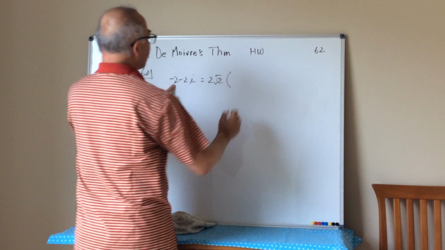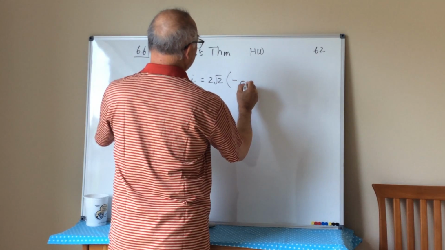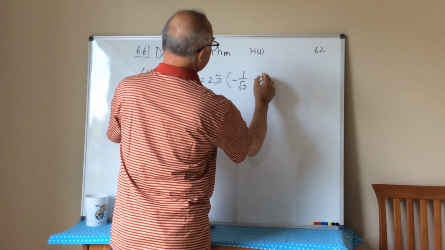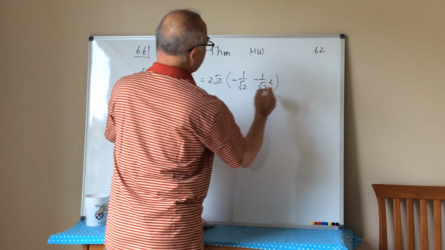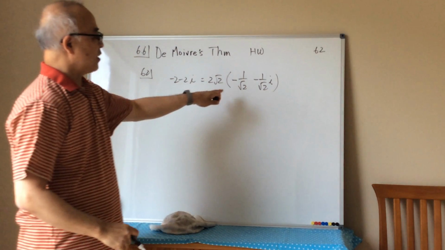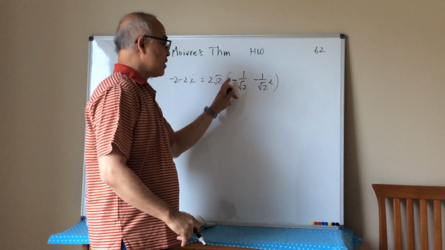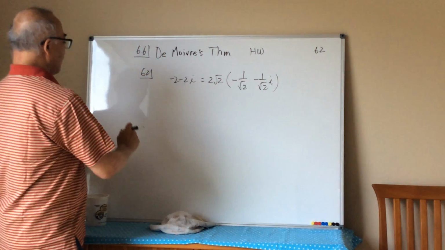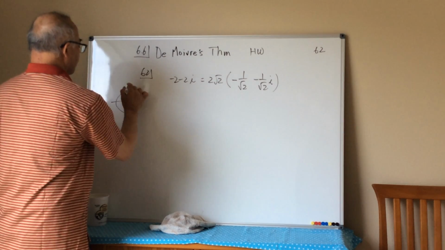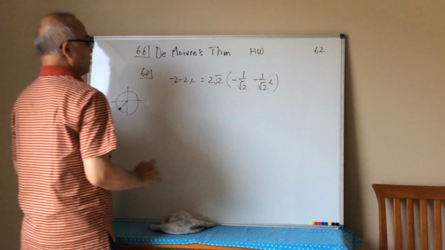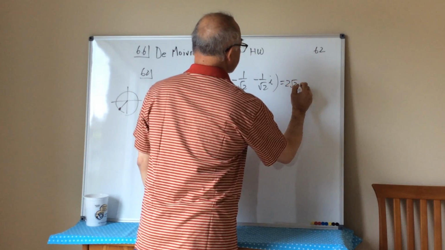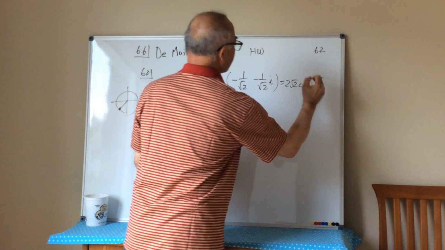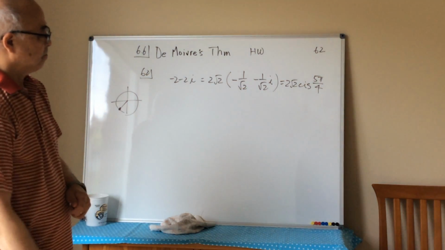Then I have to find the argument, or the angle, here. It's going to be 2 root 2 cis 5 pi over 4. 5 pi over 4. Okay?